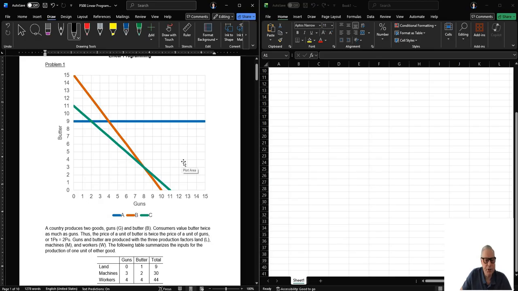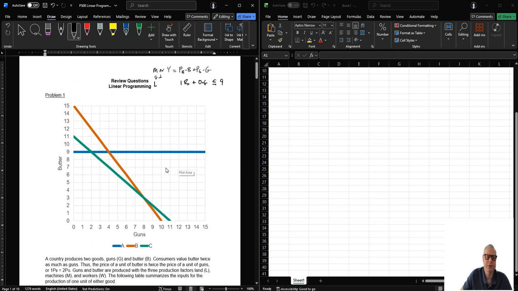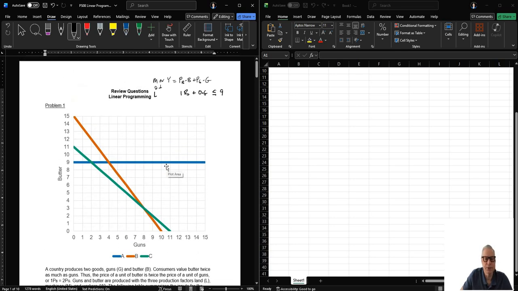And the machines: the production of one machine requires 3 guns and 2 butter. So that is 2 butter plus 3 times guns, and that is less than or equal to 30.